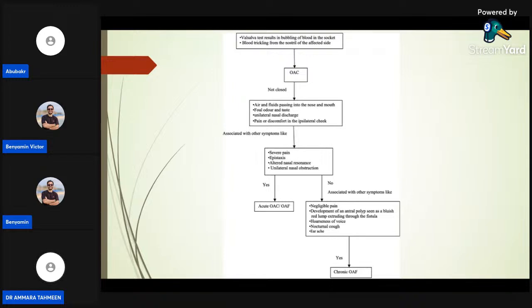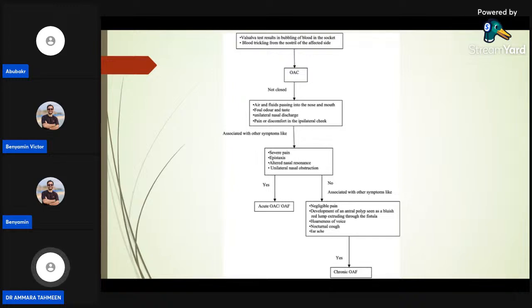There are some clinical tests done on the chair side. These are called the Valsalva test or cheek blowing test. I will explain them in detail in the next slide. Soon after the extraction, if there is a communication between the sinus and the oral cavity, the patient themselves start complaining that they feel some air passing through their oral cavity into the nose, or they feel some fluid in their sinus.